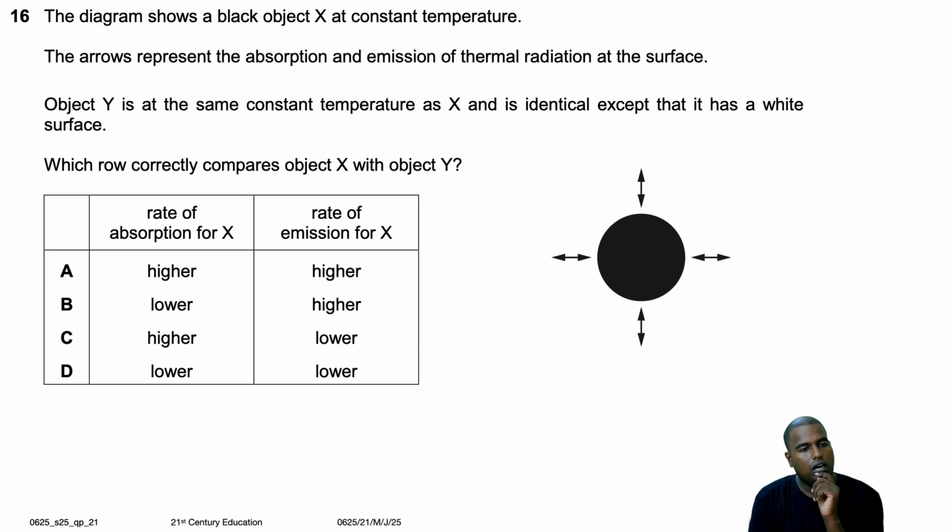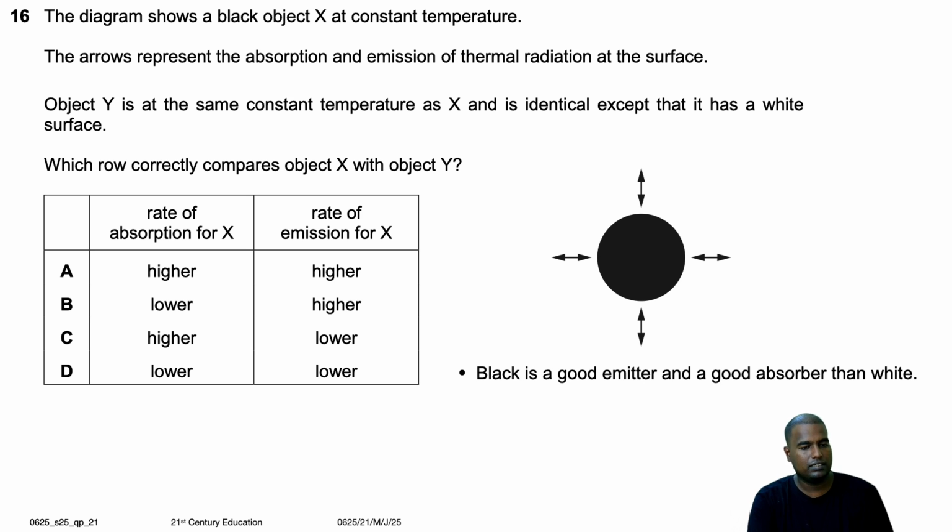Obviously absorption and emission of thermal radiation will be higher in X than Y. Why? Because black is a good emitter and also a good absorber. Then how about white? White is just a good reflector. It is neither a good absorber nor a good emitter. So the rate of absorption of X will be higher, and the rate of emission of X will be higher.